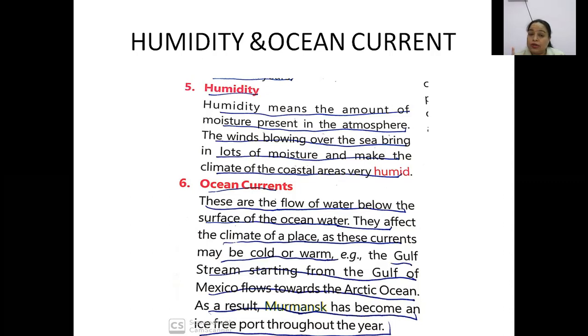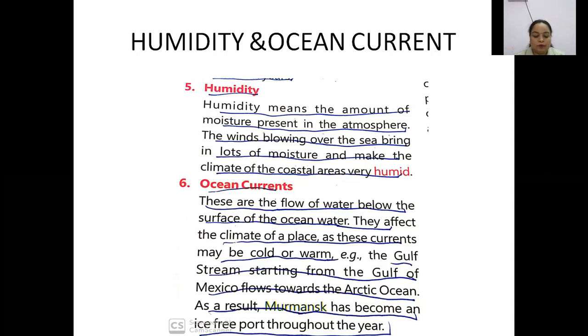Why is the port not frozen? Because the warm ocean current is flowing inside the water. This warm ocean current increases the temperature of that ocean water and it is ice free. There is no ice on the port. Understood? So this is the effect of ocean current.